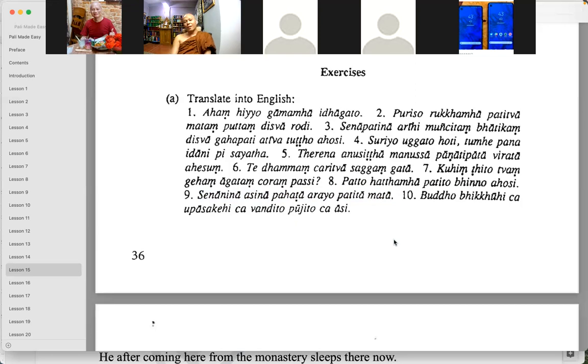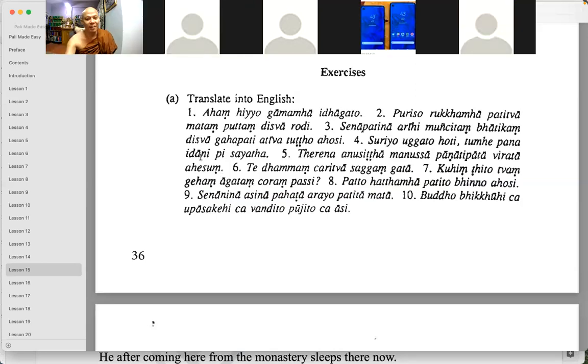Sena Nina, Asina, Bahata, Arayo, Badita, Mata.